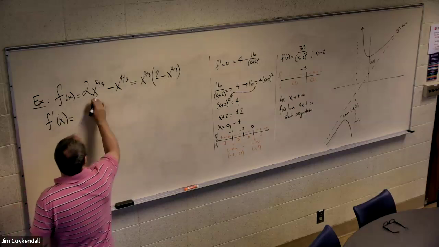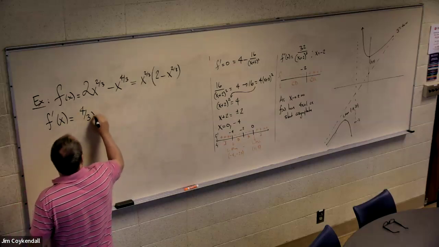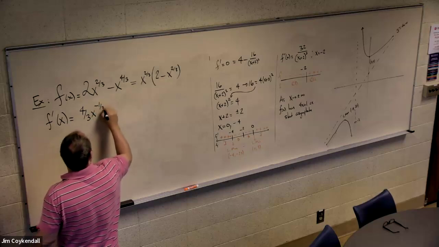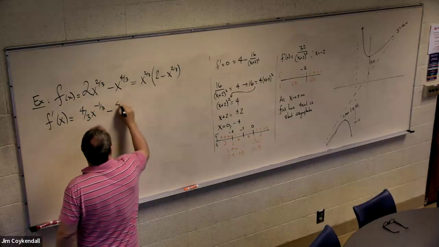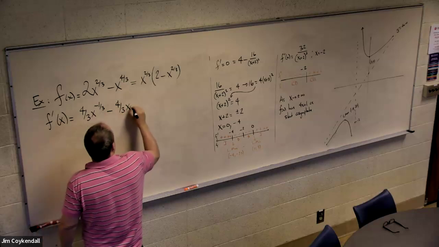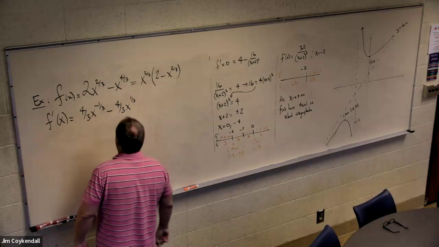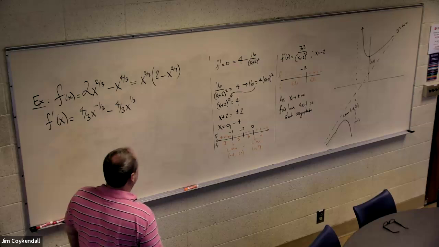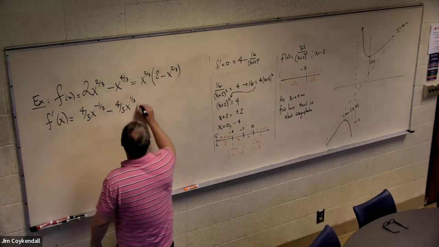This is going to be 4/3 x to the minus 1/3 minus 4/3 x to the 1/3.